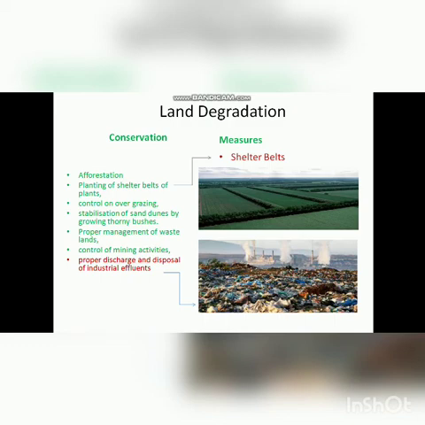We need to manage wastelands properly so that they could be put into judicious use. We should control mining activities. And proper discharge and disposal of industrial effluents should be done. Anywhere and everywhere, industrial effluents and garbage should not be disposed of before they are treated properly.